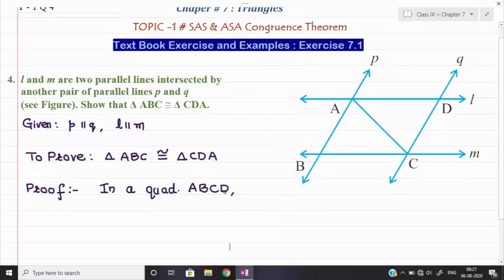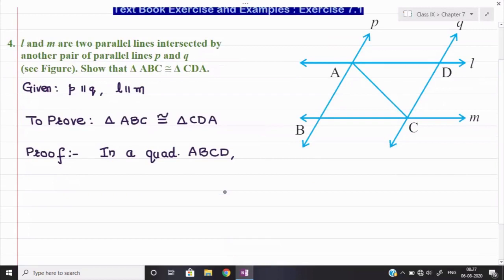Now in this quadrilateral, first of all I can write AB is parallel to CD. How can I say AB and CD are parallel? Because we are given that P is parallel to Q, and AB and CD are parts of P and Q, hence they will also be parallel.